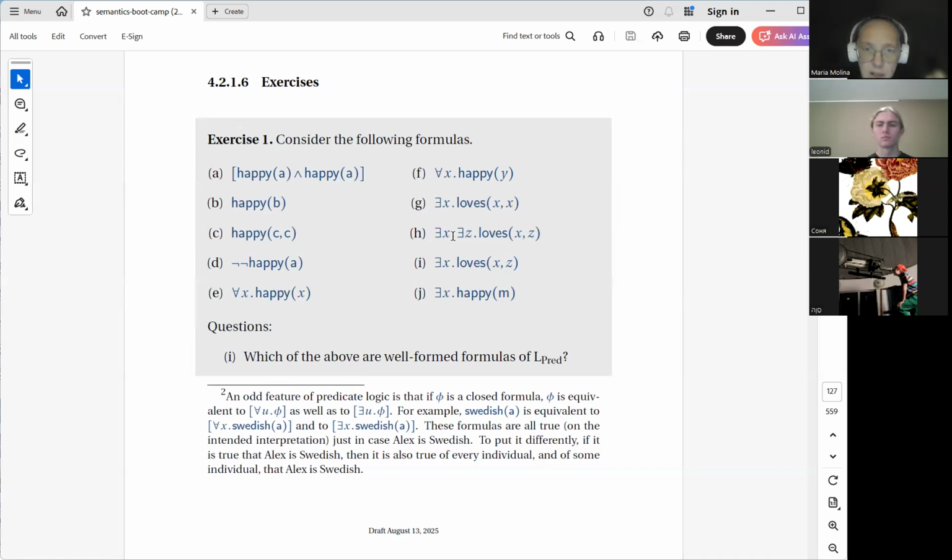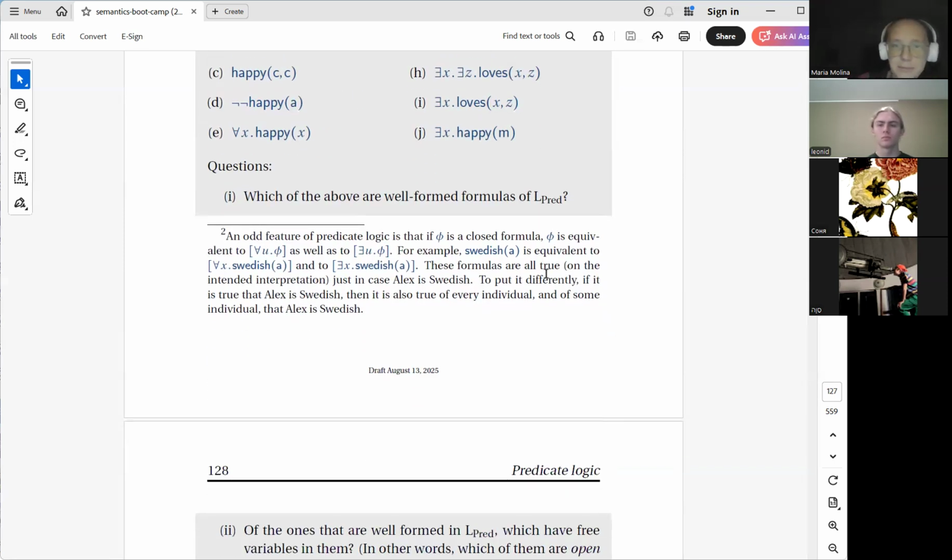There is such an x and there is such a z, such that x loves that. Yeah, something like that.